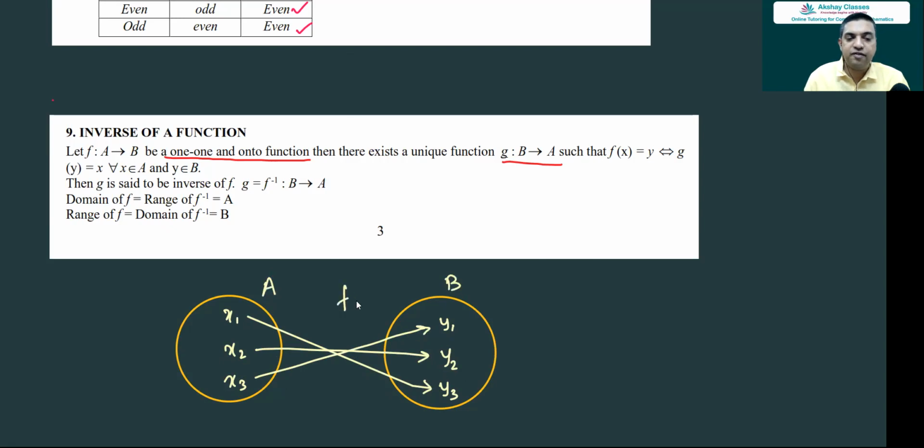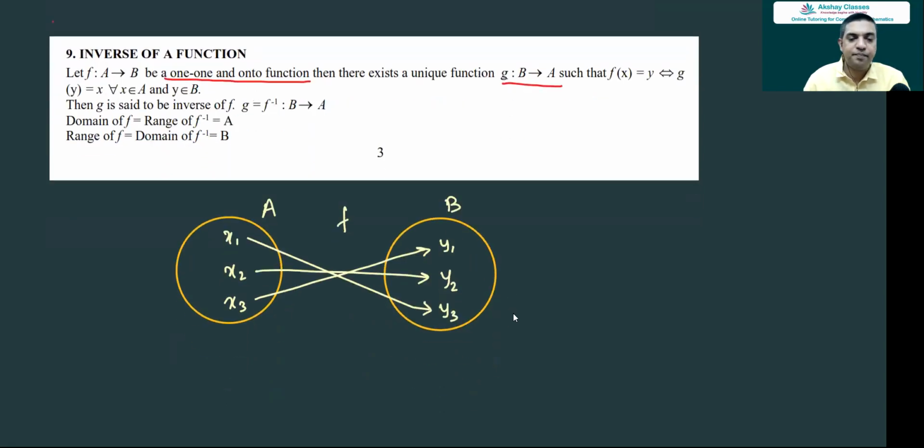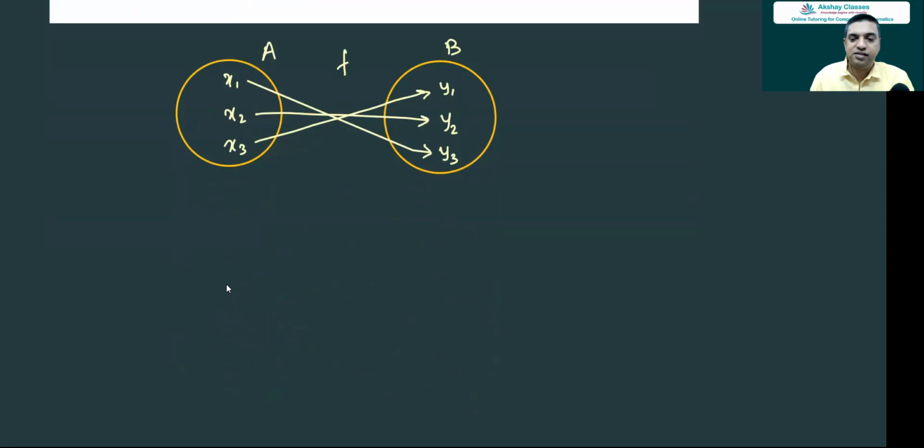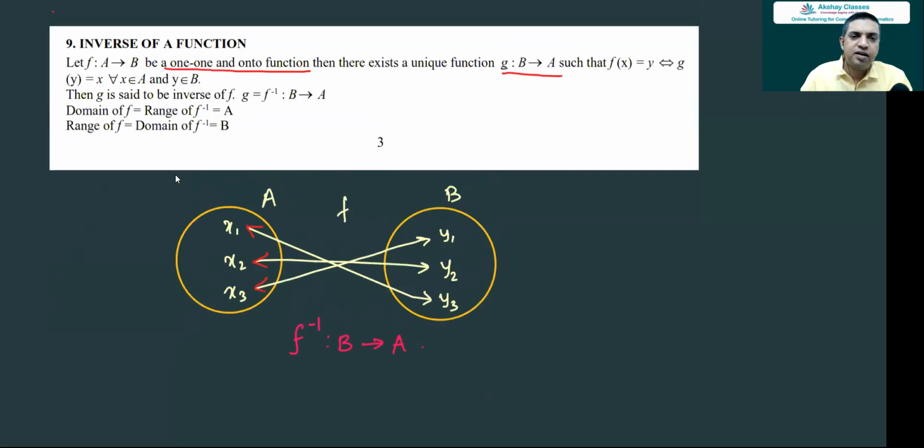This was f mapping A to B. Now f inverse will be the reverse. y1 will map to x3, y2 will map to x2, and y3 will map to x1. So this will be an inverse mapping. f inverse maps B to A.